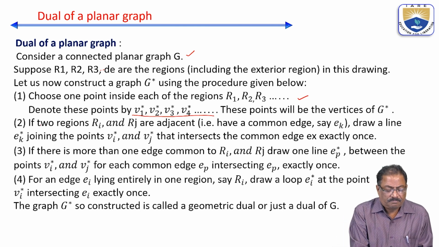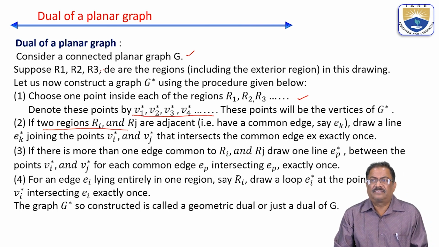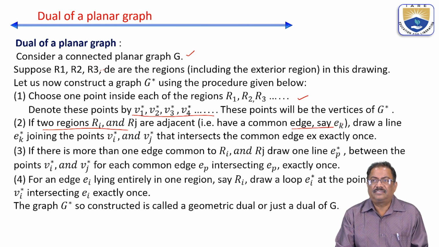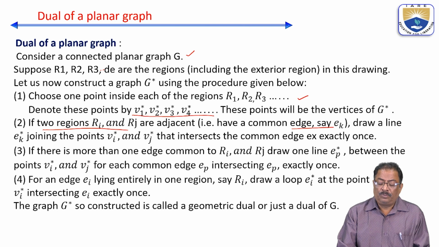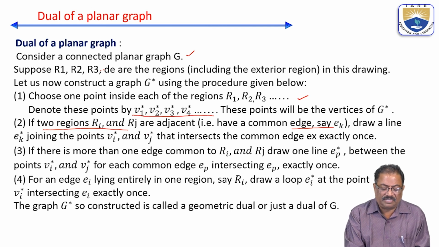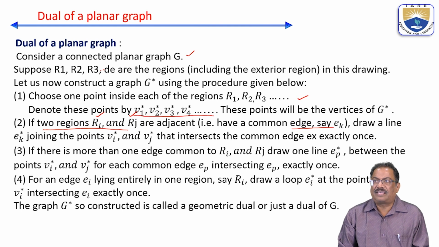Now let us consider the edges. If two regions Ri and Rj are adjacent, meaning they have one common edge Ek, then we draw one line Ek star joining the points Vi star and Vj star, where Vi star represents region Ri and Vj star represents region Rj, which intersects the common edge exactly once.